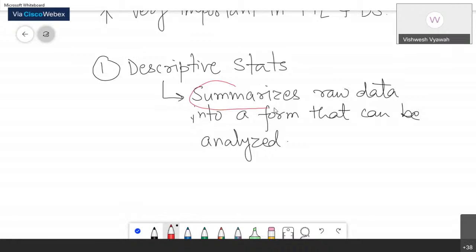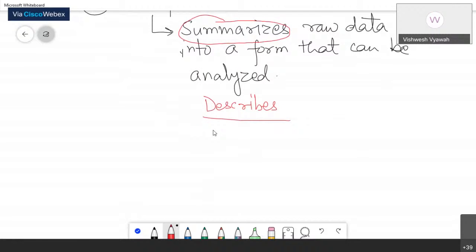It summarizes raw data into a form that can be analyzed. Statistics is basically divided into two parts: descriptive statistics and inferential statistics, or descriptive statistical methods and inferential statistical methods. As the name suggests, this part of statistics is descriptive. So what does it do? It describes the data, it describes the raw data, and it tries to make that raw data come into a format from which it can be analyzed.